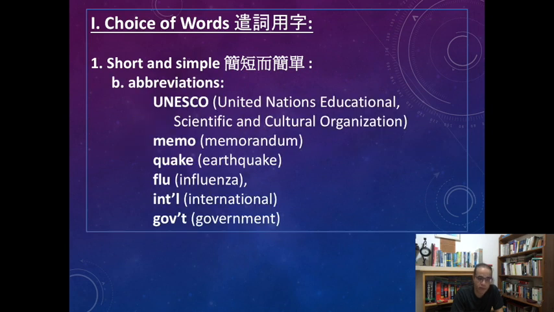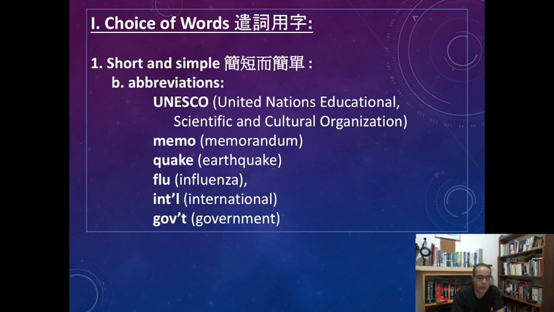You say UNESCO instead of United Nations Educational, Scientific and Cultural Organization. You don't mention the UNESCO in its full name. You say memo instead of memorandum, and so on. You say quake instead of earthquake, flu instead of influenza, and you also use contracted form like intel instead of international. All this in order to save space on the page.